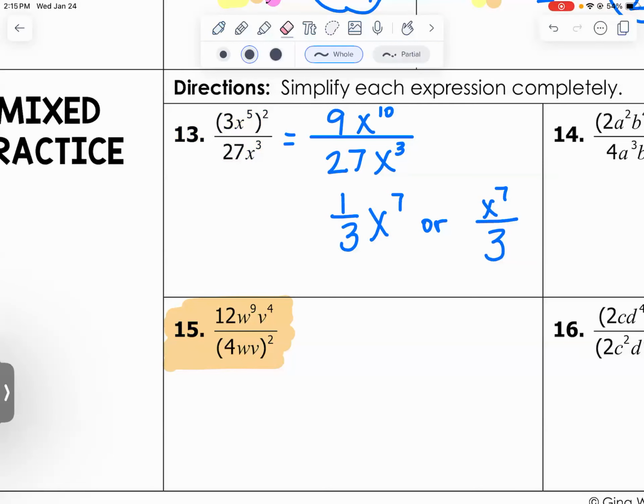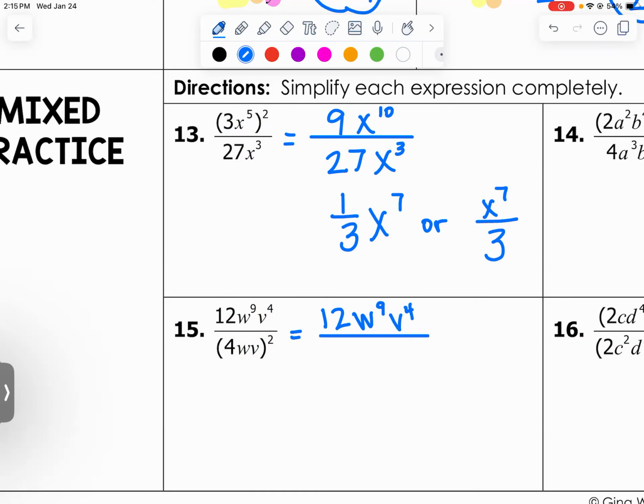Okay. Now, when I look at our number 15, those look a little bit more consistent with what we got for our answers. So our numerator is 12w to the 9th v to the 4th. And in our denominator, when we apply that exponent, 4 squared is 16. We have w squared v squared.